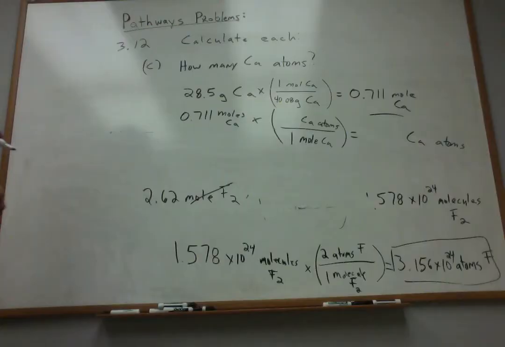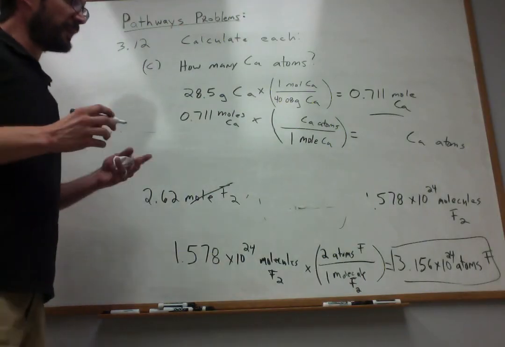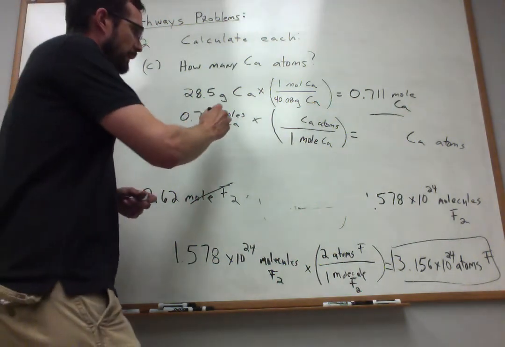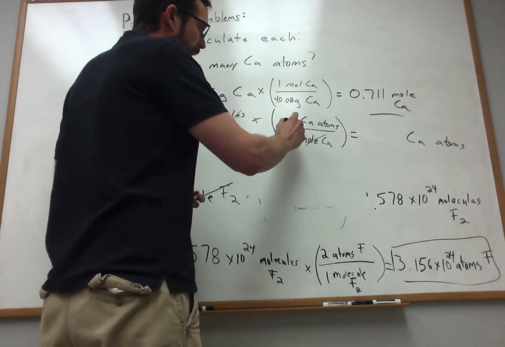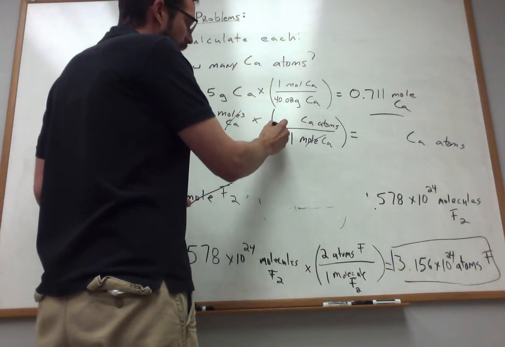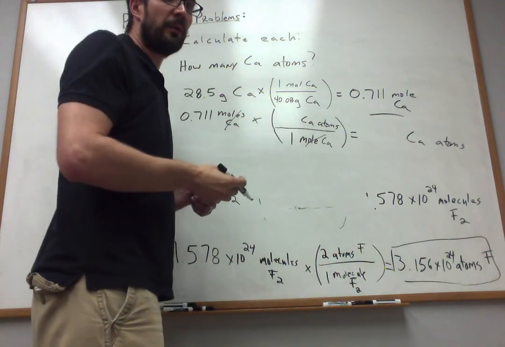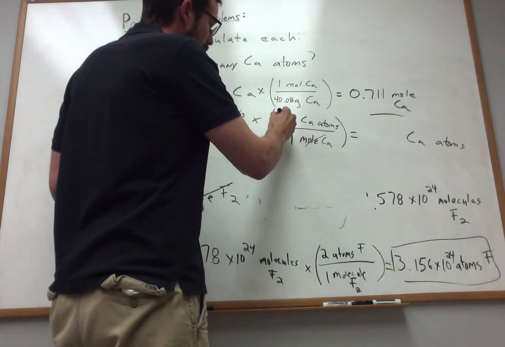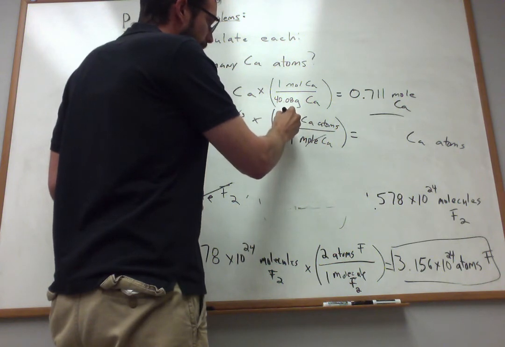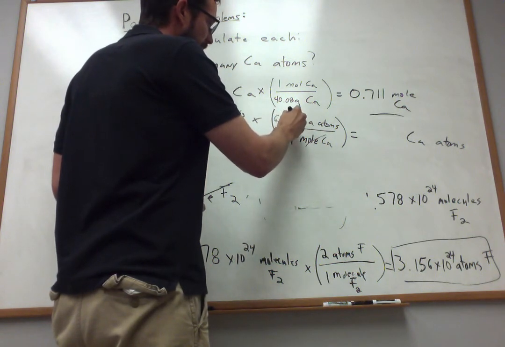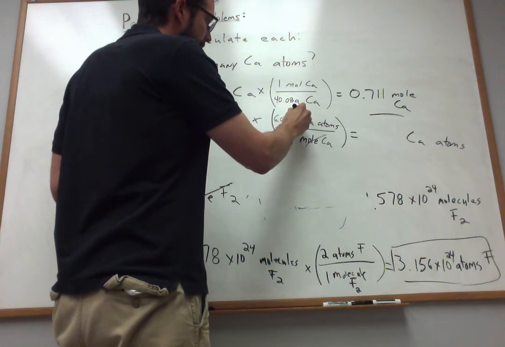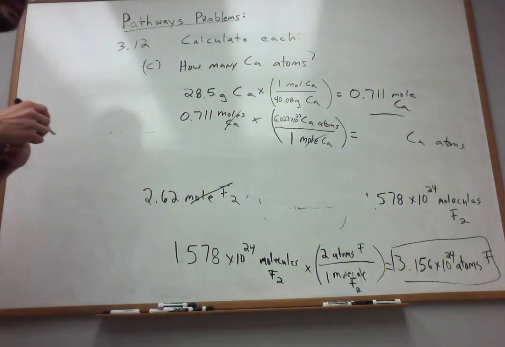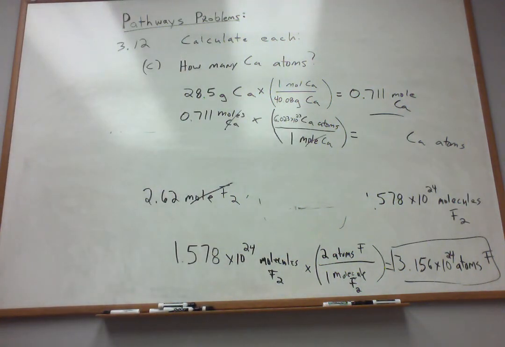To go to calcium atoms, I set up my mathematics. I want to get rid of the mole units of calcium. What's the key value here? Well, whenever I'm counting particles, whether that be atoms or molecules, I can remember that 6.023 times 10 to the 23rd power is my key number. That's my Avogadro's number.